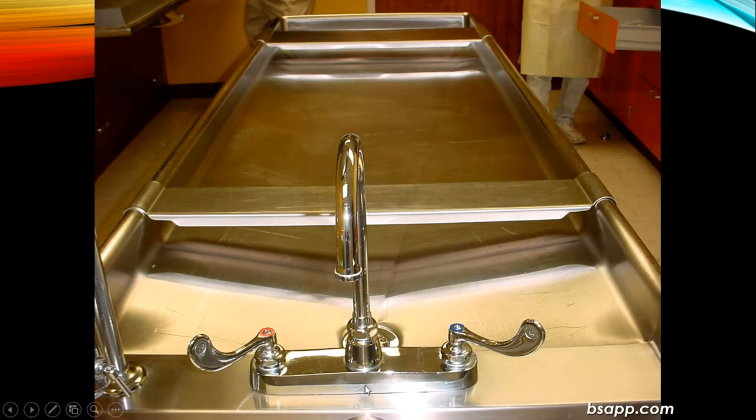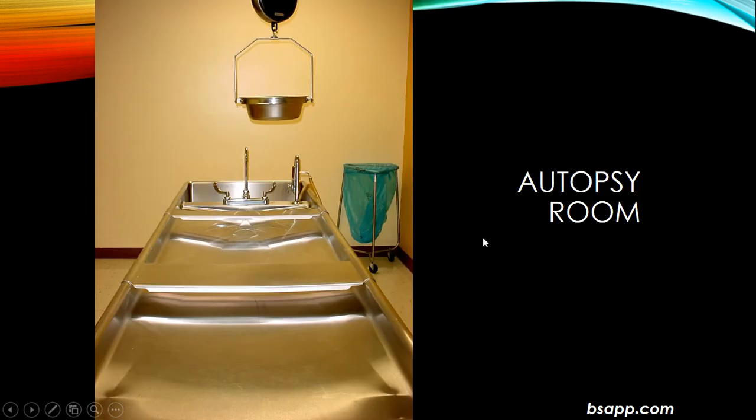There's the sink at one end for the medical examiner to wash their hands, to wash off any specimens that they need to. And there's also the scale that's hanging. So we will take measurements of the different organs to compare them to normal standards. Like you could maybe see if somebody had an enlarged heart.